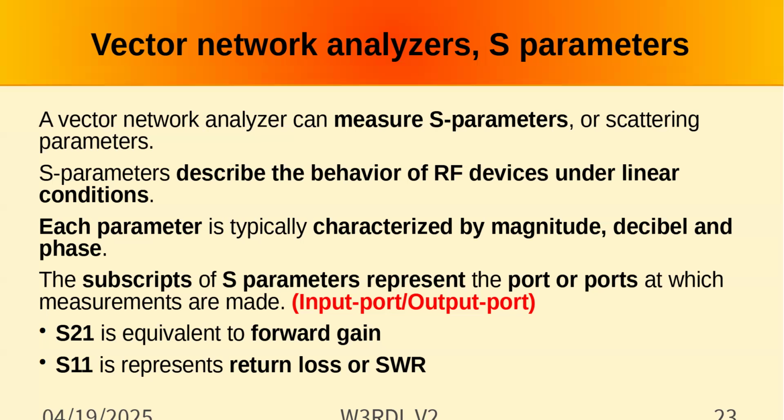If I was doing an S21, I'm going to be looking at input coming into port 2 and output on port 1. So I'm sending a signal through, say, the filter, two-port network, back into port 2. So I'm receiving it on 2. Now, you can also do a 1-2 and a 2-2, but those are very unusual.